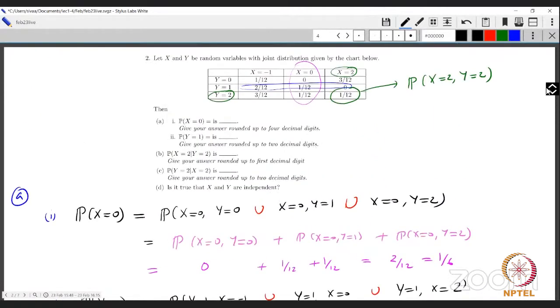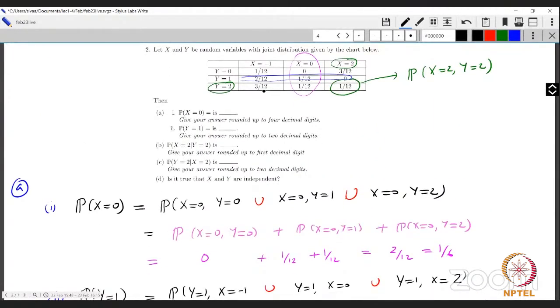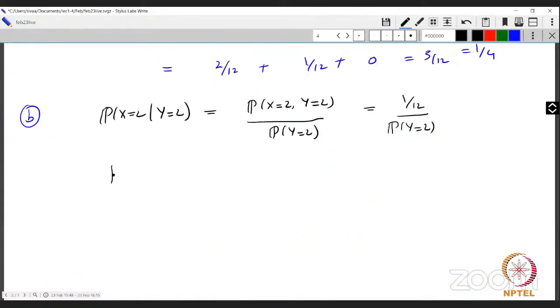Now, how to calculate y equal to 2 again? When y is 2, x can be minus 1, 0 or 2. So probability y equal to 2 is the same as probability y equal to 2 and x equal to minus 1, or y equal to 2 and x equal to 0, or y equal to 2 and x equal to 2.